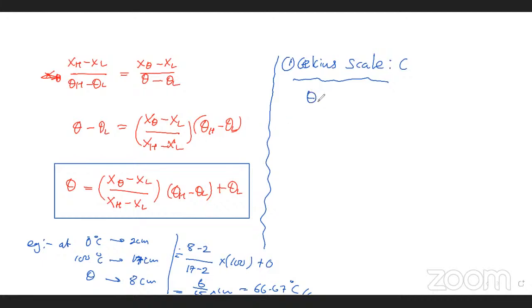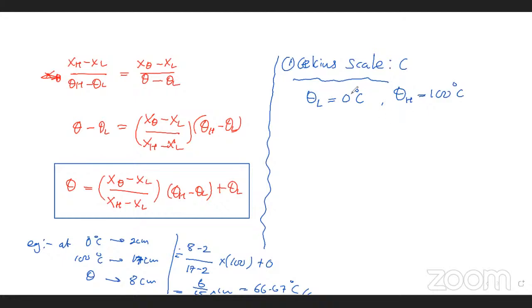You need to remember this: the lower fixed point is 0 Celsius and the upper fixed point is considered 100 Celsius. Between the lower and upper fixed points, we divide into 100 equal divisions.